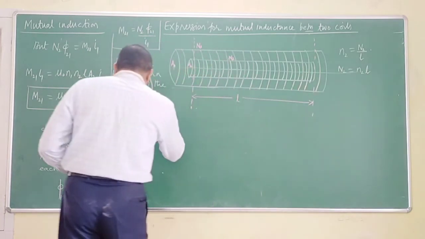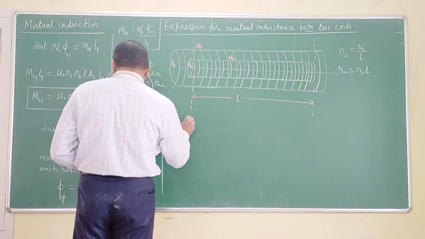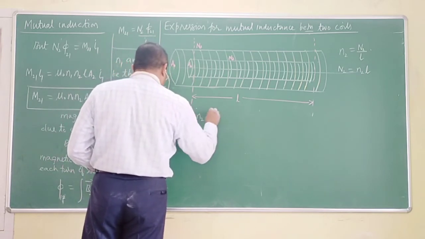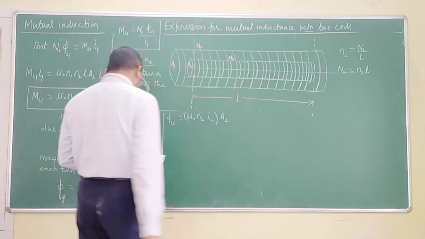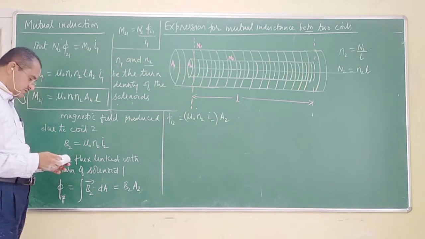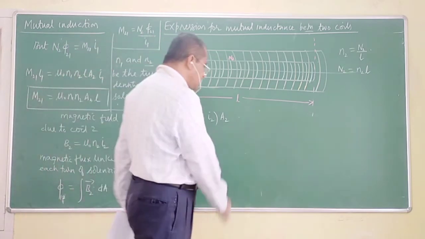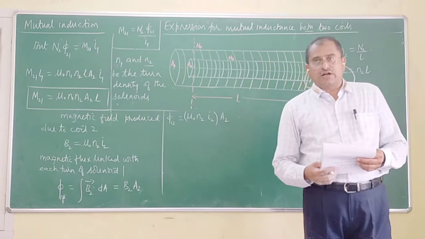If that is clear to you, I will substitute for B2. My phi 12 will be mu naught n2 into I2 into A2. Is that clear to you, sir? You can also make a note. B2 is confined inside the solenoid.